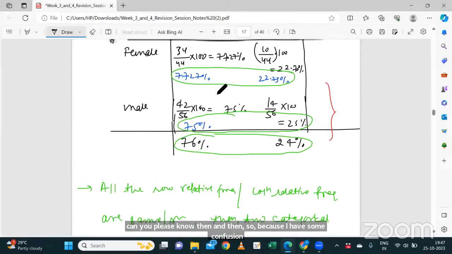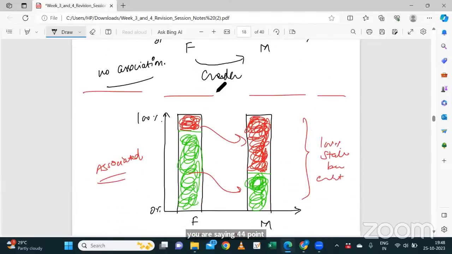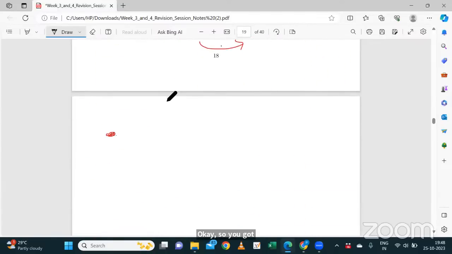When we calculate the column relative frequency, we got ownership of phone for female as 44.74% for yes, and for no, 41.67%.